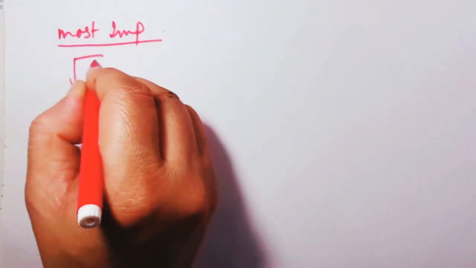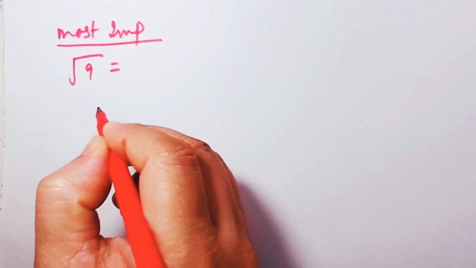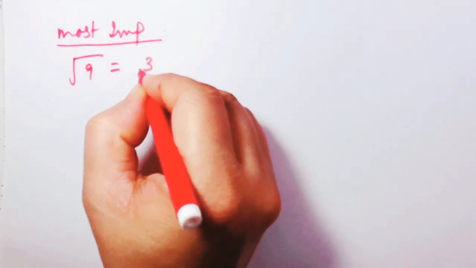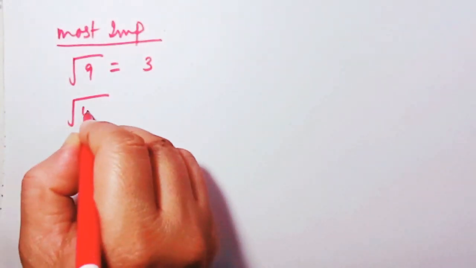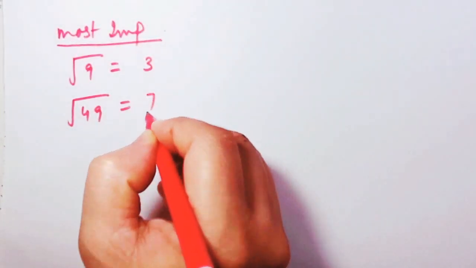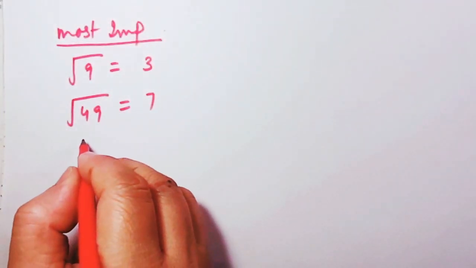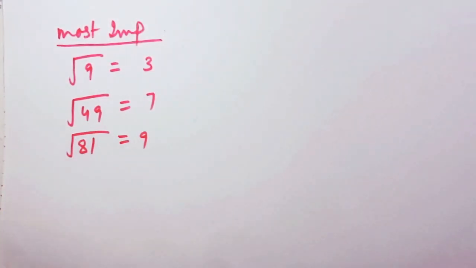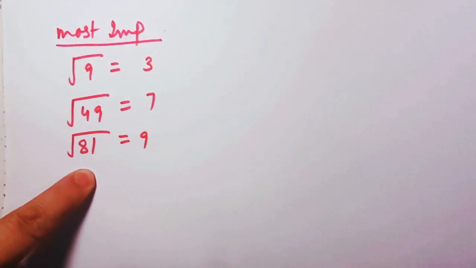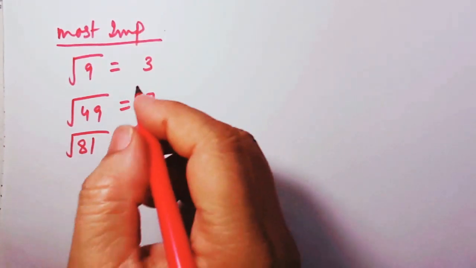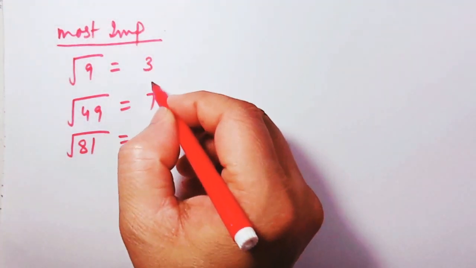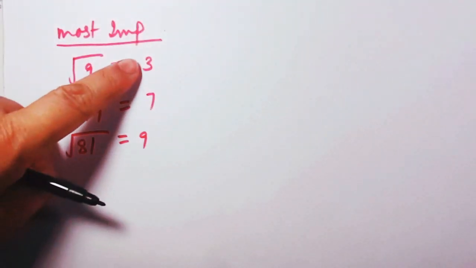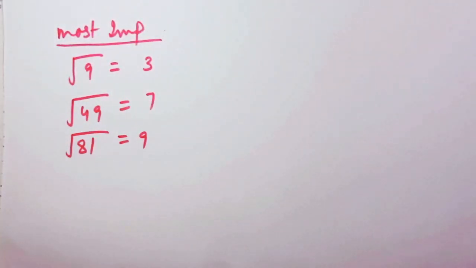Because till now I have been teaching you that the square root of 9 is equal to 3, square root of 49 is equal to 7, square root of 81 is equal to 9. No problem? Now, all these 3, 7, 9, they are positive numbers.